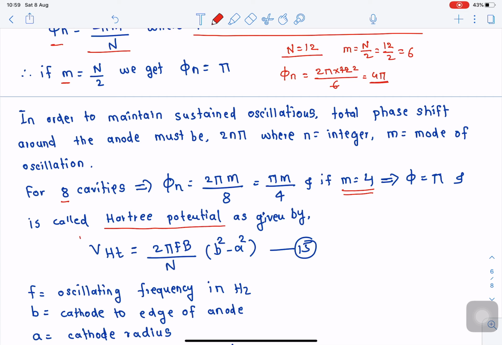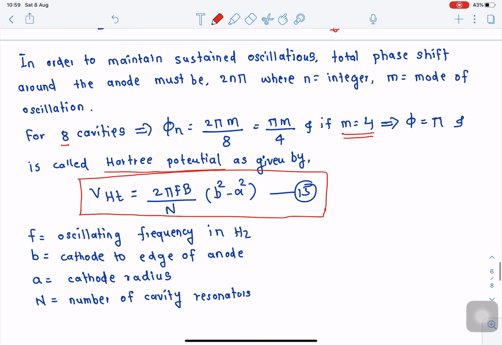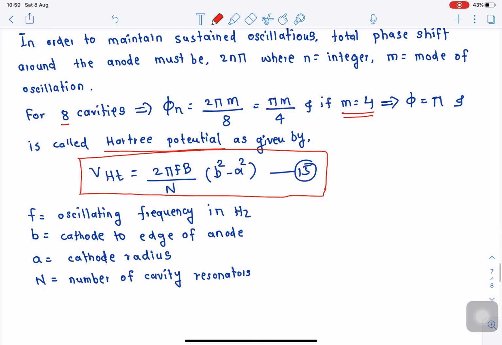This Hartree potential condition is specified by equation number 15. Hartree potential is given by 2 pi f b by n times b square minus a square, where f is the frequency of oscillation in hertz, b is the cathode to edge of the anode distance, a is the radius of cathode, and n is the total number of cavity resonators.